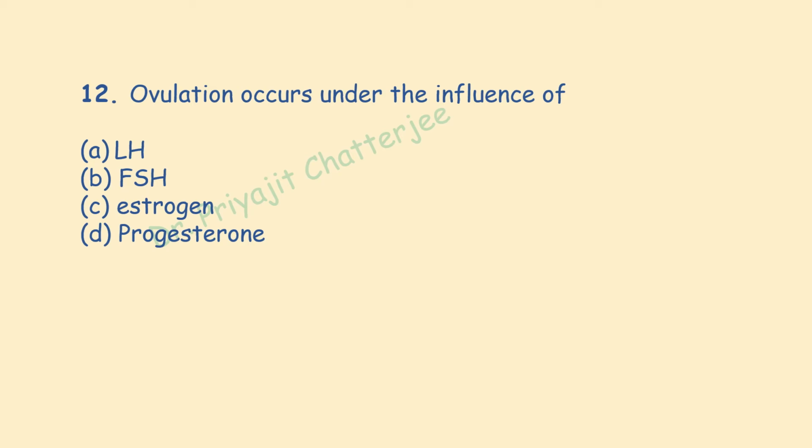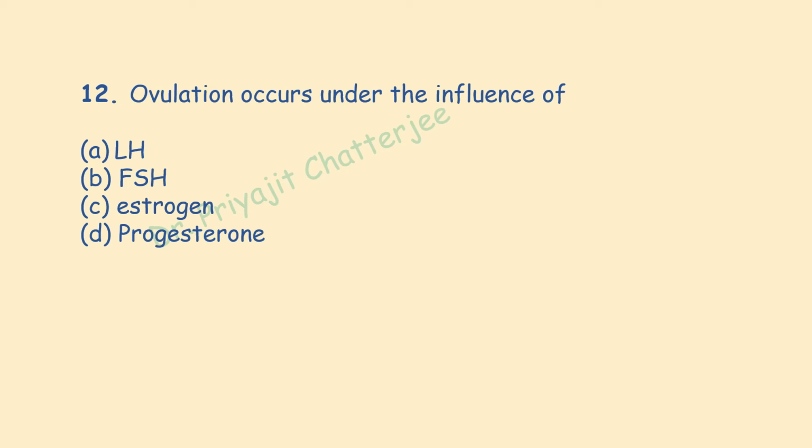Both LH and FSH attain a peak level in the middle of the cycle, that is about 14th day. Rapid secretion of LH leading to its maximum level during the mid-cycle is called LH surge, which induces the rupture of Graafian follicle and thereby the release of ovum. The process is known as ovulation.